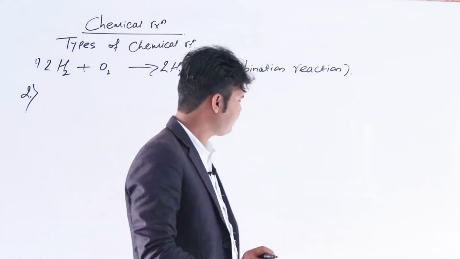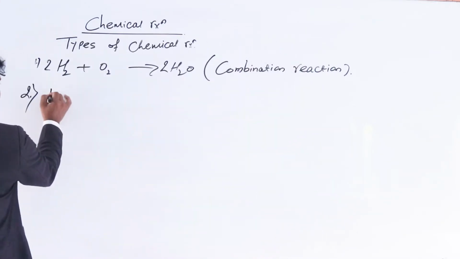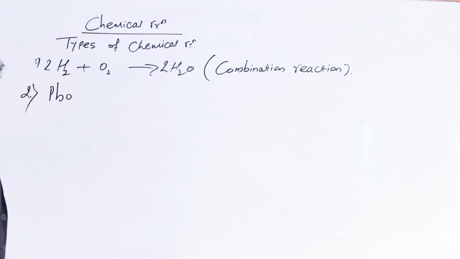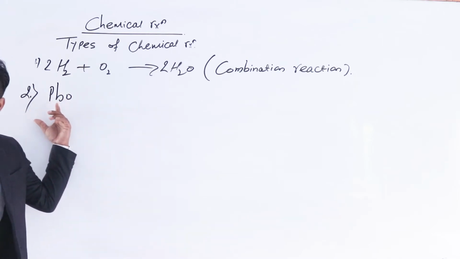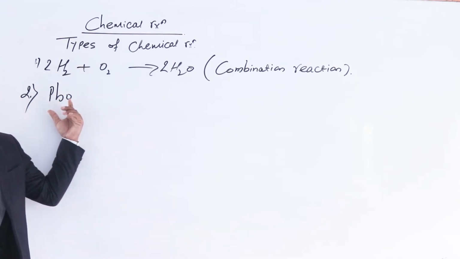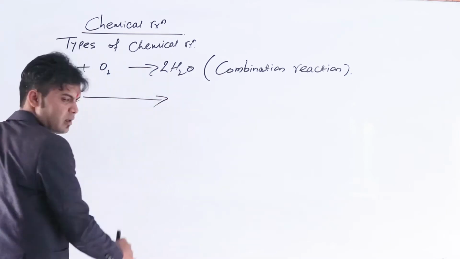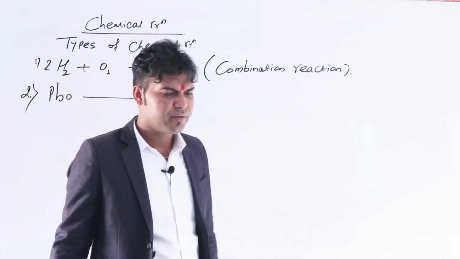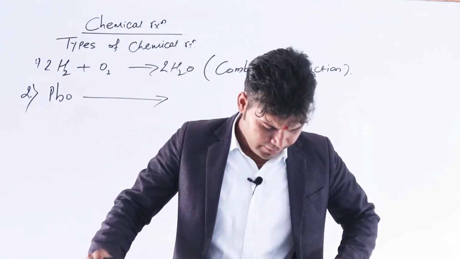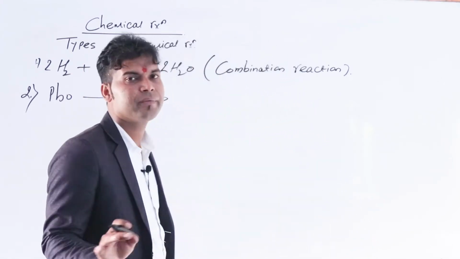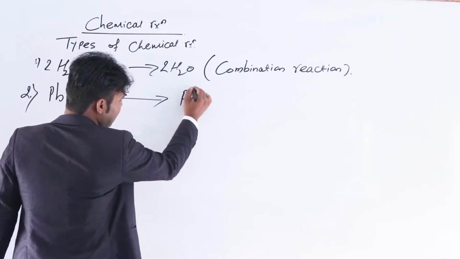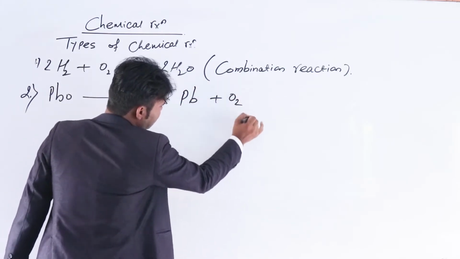Just for example, PbO. Pb is lead. PbO, lead oxide, isn't it? It decomposes when the PbO is heated to give Pb plus O2.